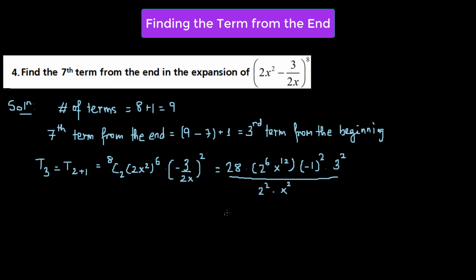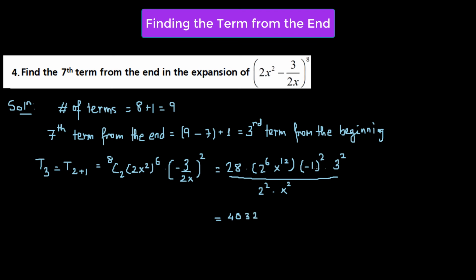Let's use the calculator for this. So we have 28 times 2 raised to the power of 6 times 3 squared, which is 9, all divided by 4, so we get 4032.